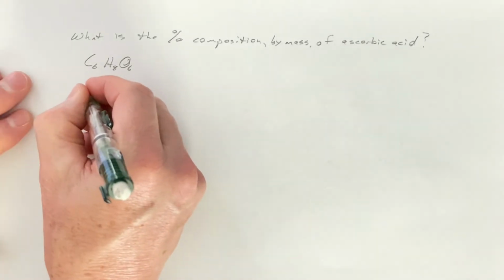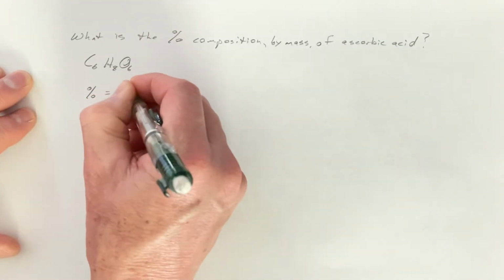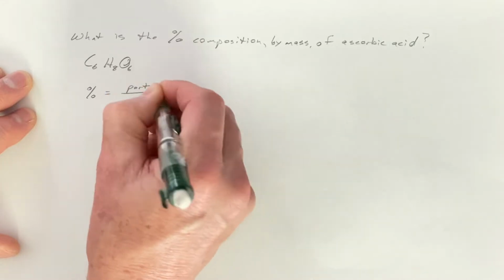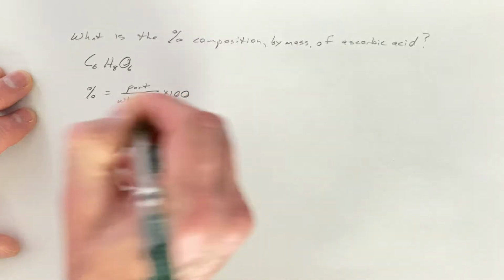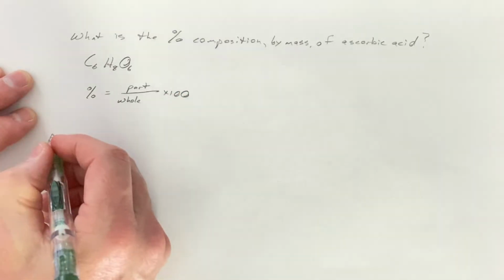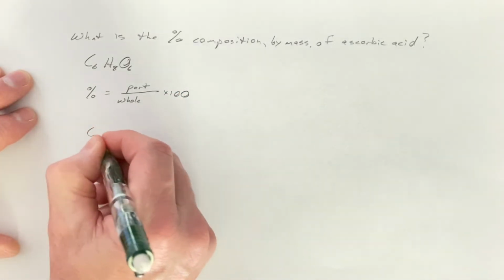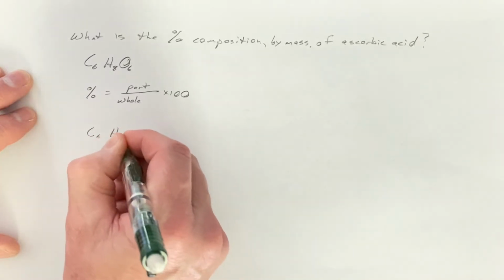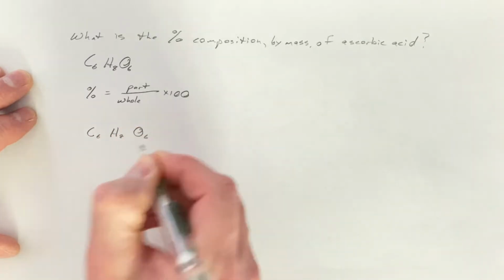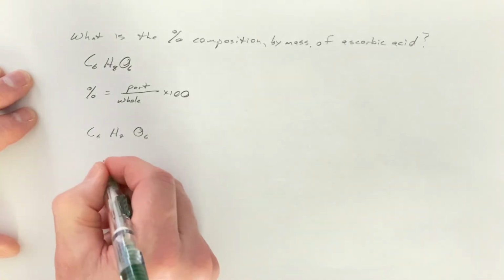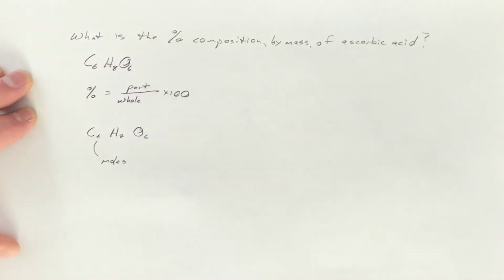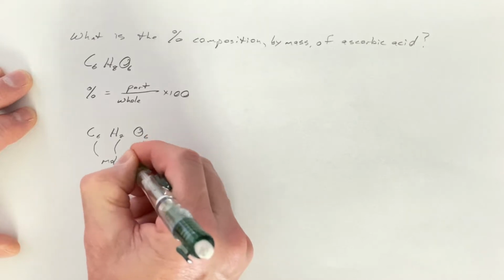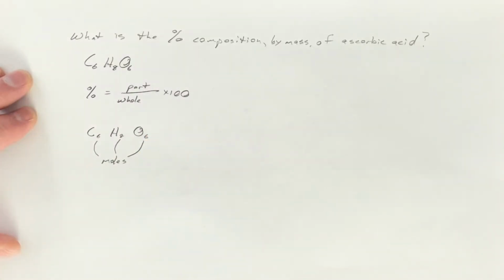Remember, percent equals the part divided by the whole times 100. We'll look here and we'll say, all right, we have C6H8O6. And we must think of, in this case, the 6 representing the moles of carbon, the 8 representing the moles of hydrogen, and the 6 representing the moles of oxygen.